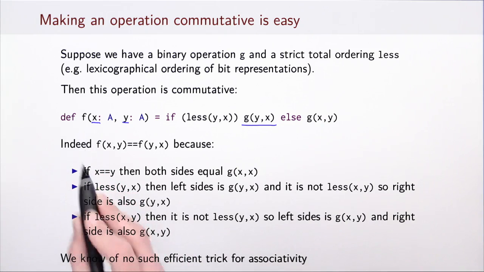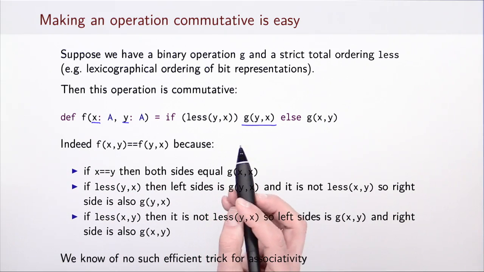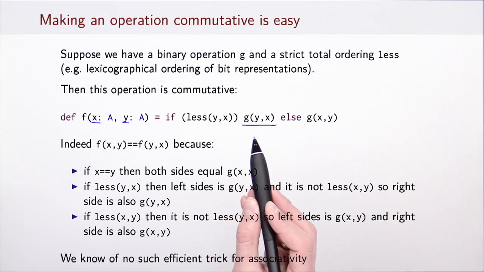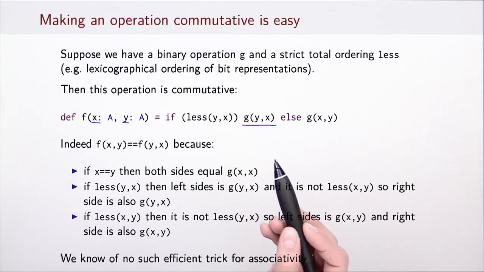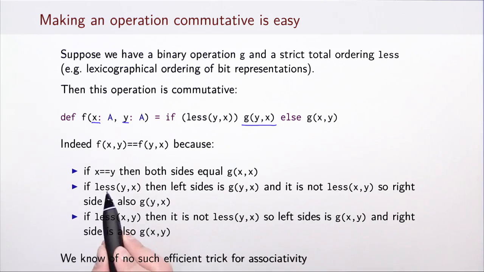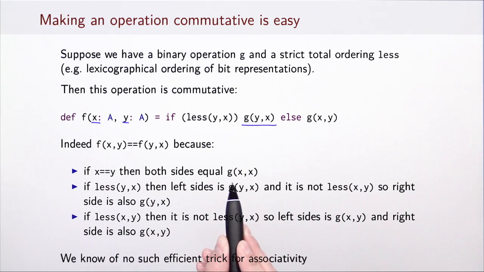We can then define function f such that it computes those among the values g of xy or g of yx for which the first argument is less than the second. It is straightforward to verify then that such a slightly modified operation f is in fact commutative even if g was not commutative. Of course, when the two arguments are equal, then it doesn't matter whether we compute g of yx or g of xy. The result is equal to, for example, g of xx.